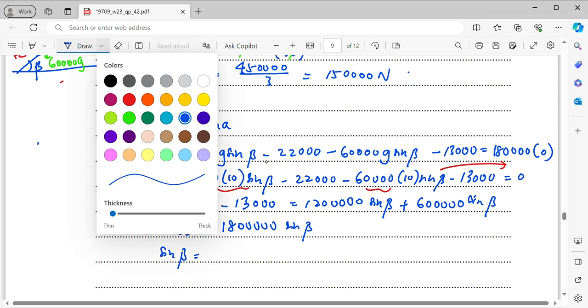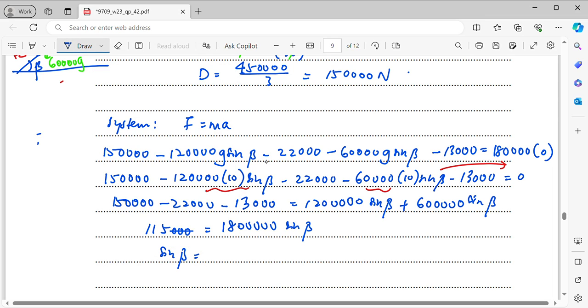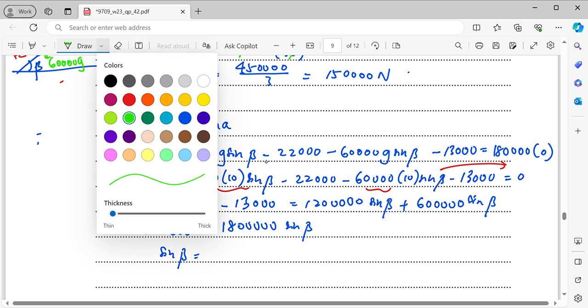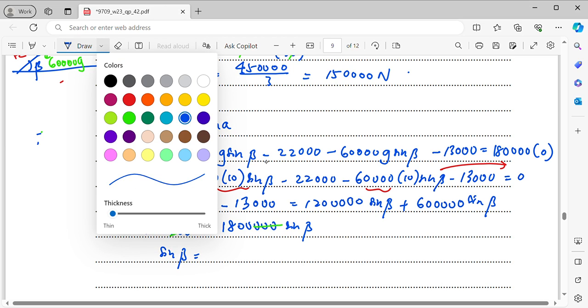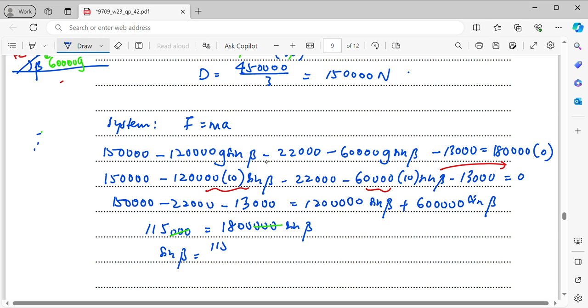You can just cancel the 0 from both sides. Then it will be 115 over 1800. Then at last you will be getting 23 over 360.